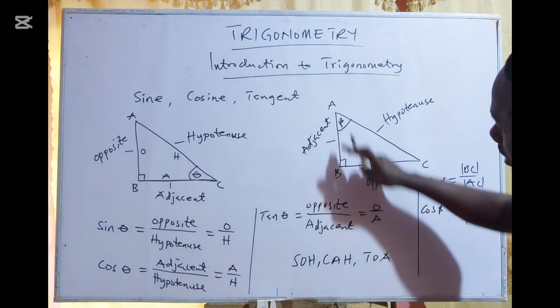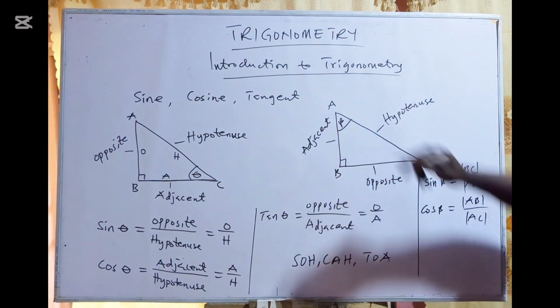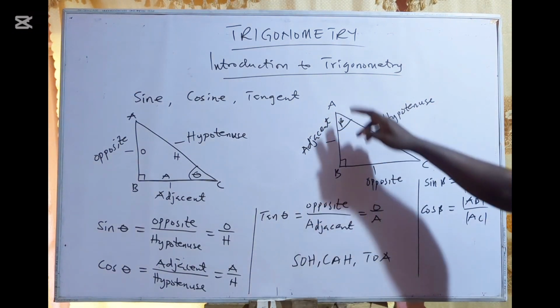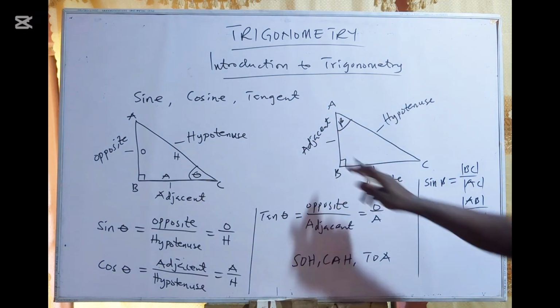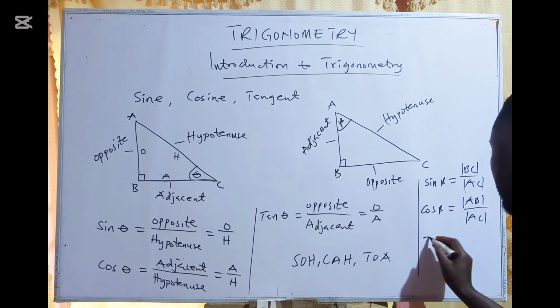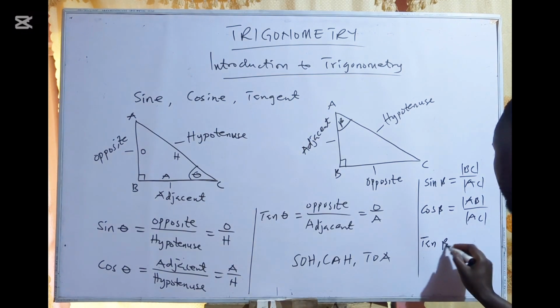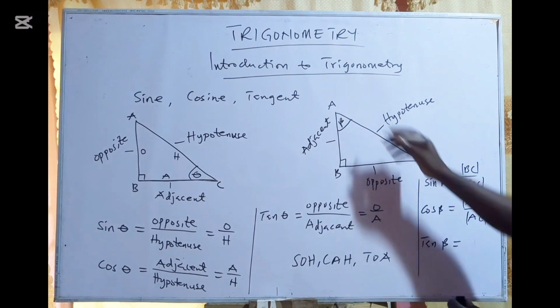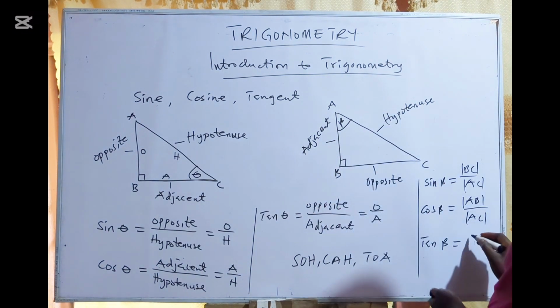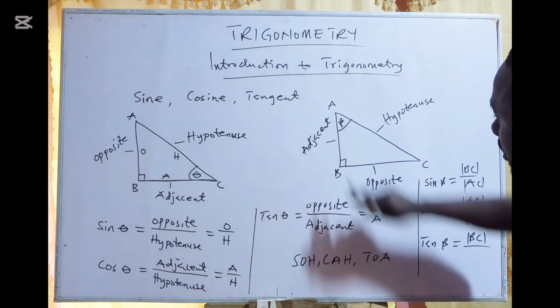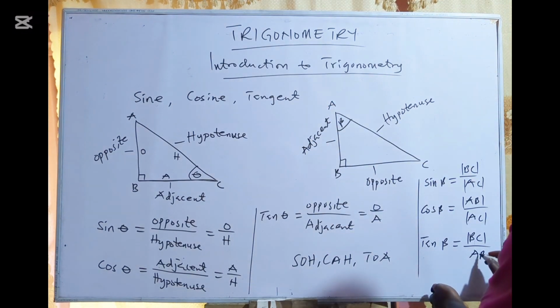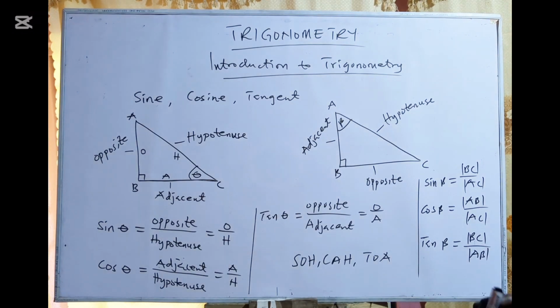And then my tan beta, tan is opposite, what is the opposite? BC, over adjacent, which is AB. So this is my opposite, this is my adjacent.